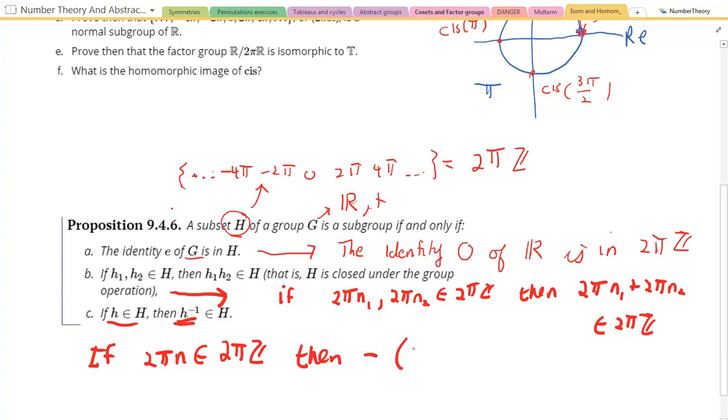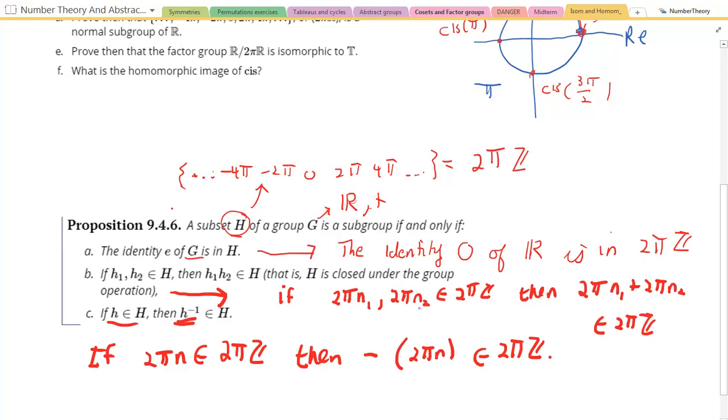So that would be minus 2 pi n is in 2 pi Z. So when you have additive groups, you have to translate the times into a plus because the plus is the group operation. And you also have to translate inverse into minus because the negative is the additive inverse.